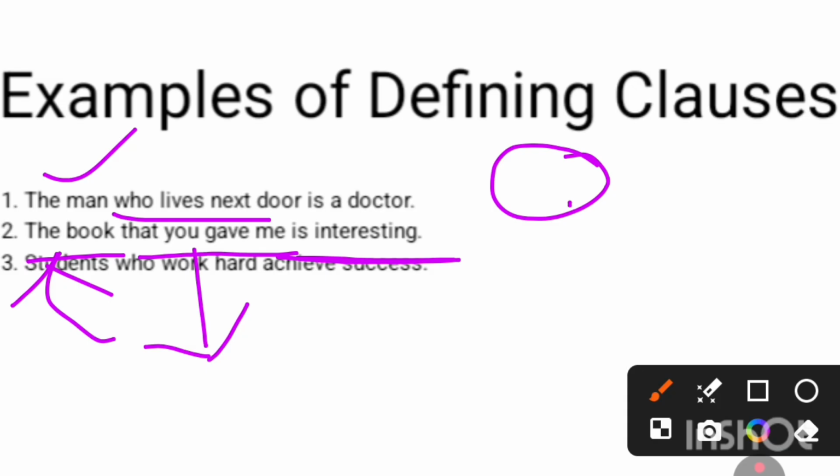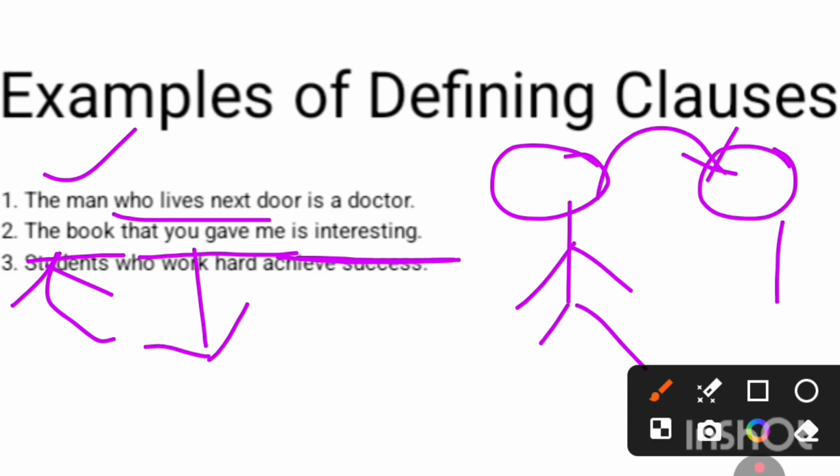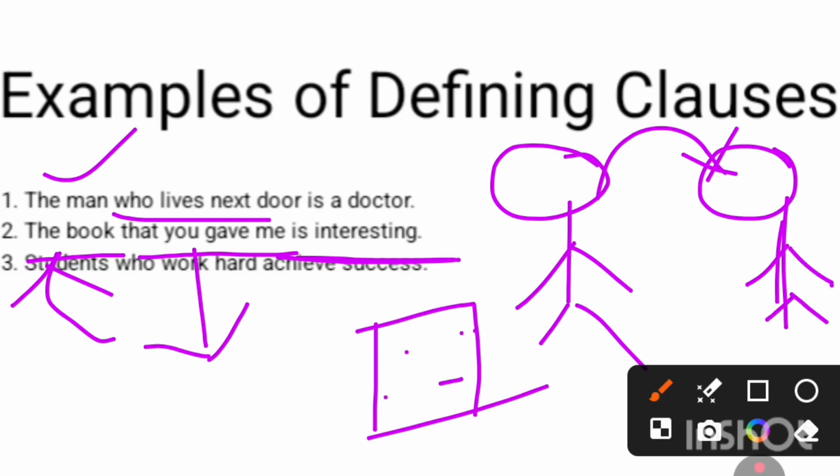Suppose this is you and this is I. You have given me a book. If I say, the book is very interesting, friends, you will not be clear which book I am talking about. You will not be clear.